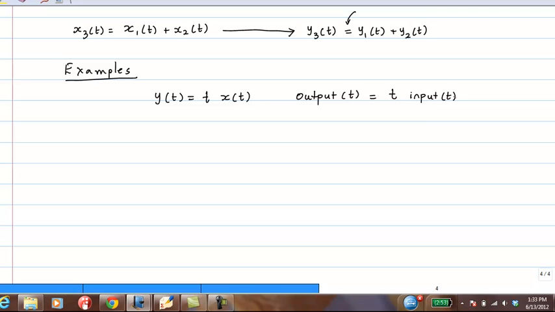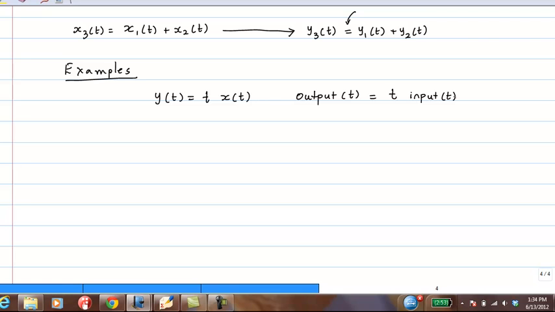Because a lot of times we will use input signals which are x1, x2, and so on, and it's easy to get confused between the fact that x of t sometimes represents a general input versus a specific input we are talking about for a particular problem. So I like to think of it as the output at time t is t times the input at time t. Now the question is, does this system satisfy the superposition property?